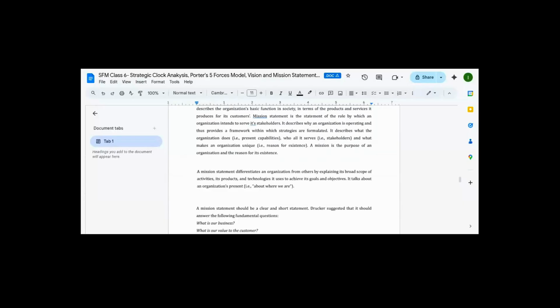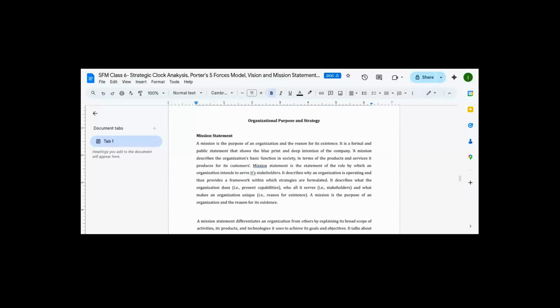The mission statement is born of the vision statement. And this mission statement must align with the company vision. There must not be any contradiction. The mission statement comprises the company policy, philosophy, and core values.